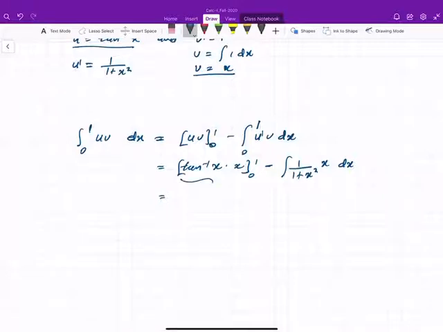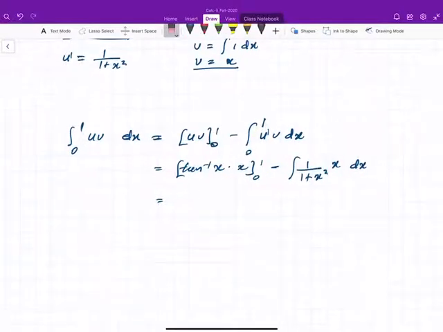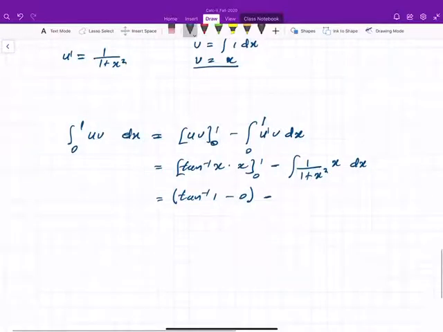Now simplify this. First you have to substitute 1. If you substitute 1, you will get tan inverse 1 times 1 minus 0, minus x over 1 plus x square dx.